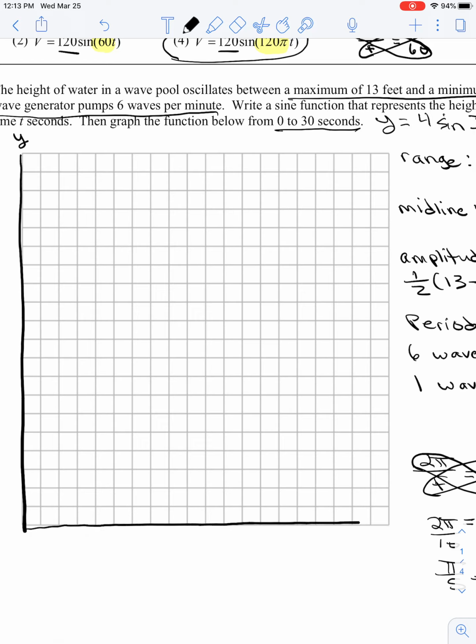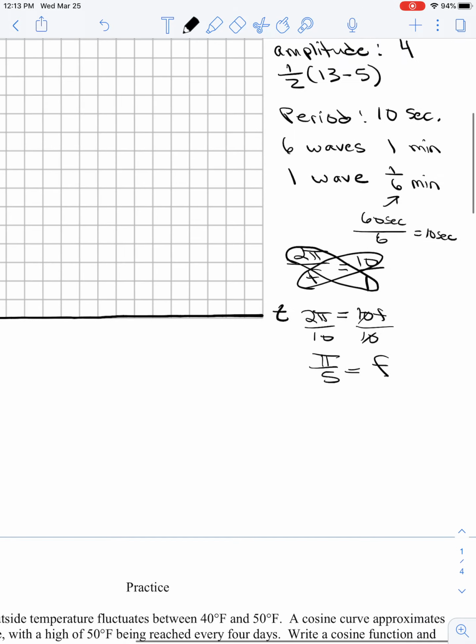Or in this case, my t-axis. Okay. So now when I'm graphing, I need to figure out how often I'm plotting a point. So I need to figure out what my critical value interval would be. So critical value interval is equal to the period divided by 4.